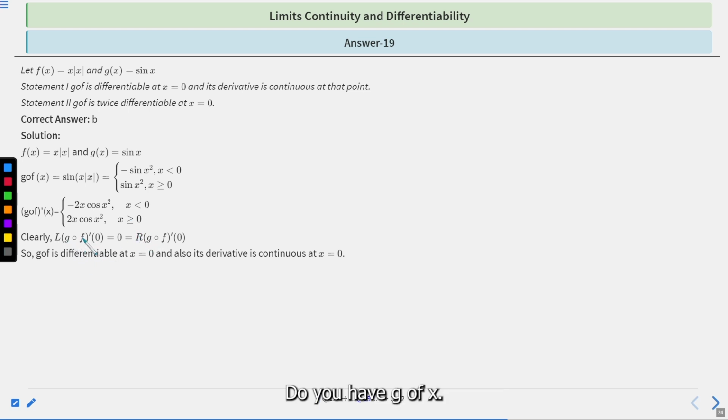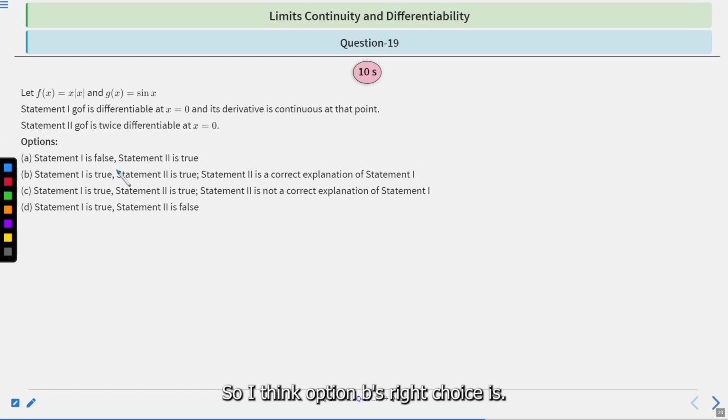Clearly the left hand limit of (g of f)'(0) is equal to the right hand limit, right? Because we have put it as 0. So clearly g of f is differentiable at x = 0 and also its derivative is continuous at x = 0. Clear? So I think option B is the right choice.